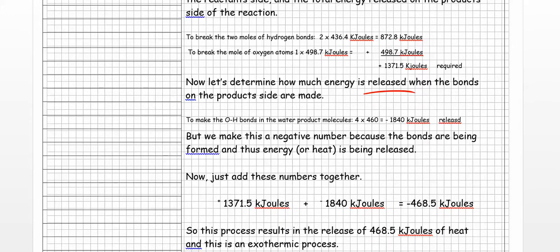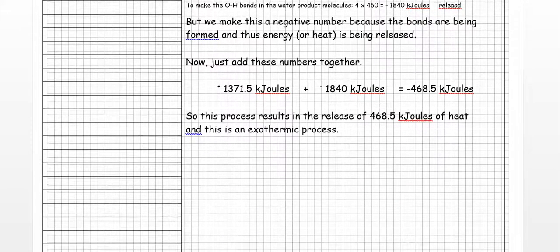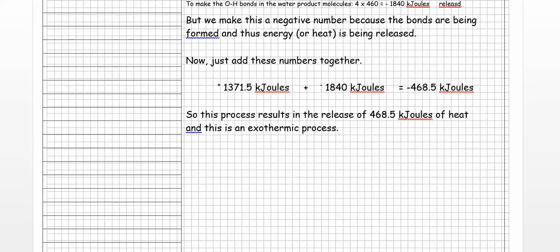Now we'll just add these together. We've got positive 1,371.5 kilojoules of heat plus a negative 1,840 kilojoules of heat, and my calculator gives me negative 468.5 kilojoules of heat.